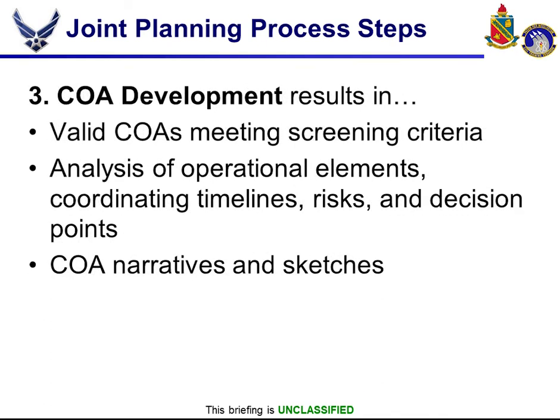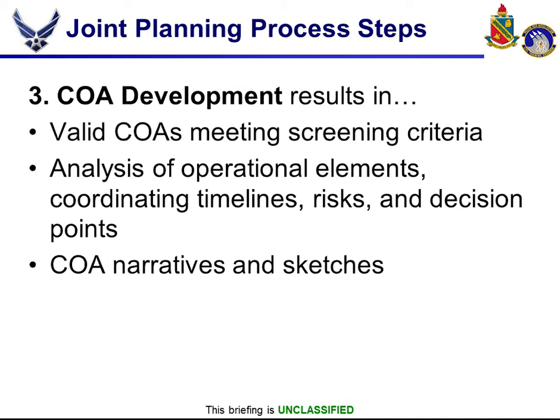The third step in JPP, course of action development. You will develop valid courses of action, and valid means that they have met the screening criteria, and there's 5 of them. We'll talk about those later. You will analyze the operational elements from step 1 and step 2 that are relevant to developing these possible solutions.